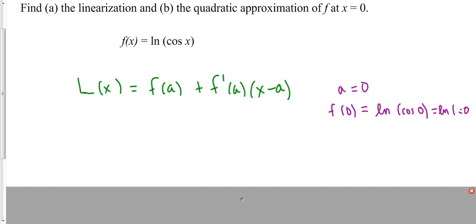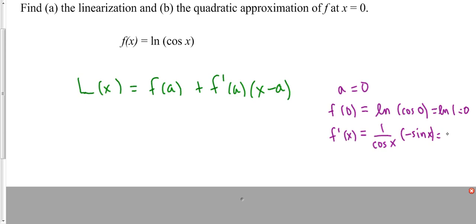So now we have to find the first derivative. And remember that when we take the derivative of a natural log, we start by writing 1 over whatever is inside. And then we take the derivative of what's inside using the chain rule, and the derivative of cosine x is going to be negative sine x.